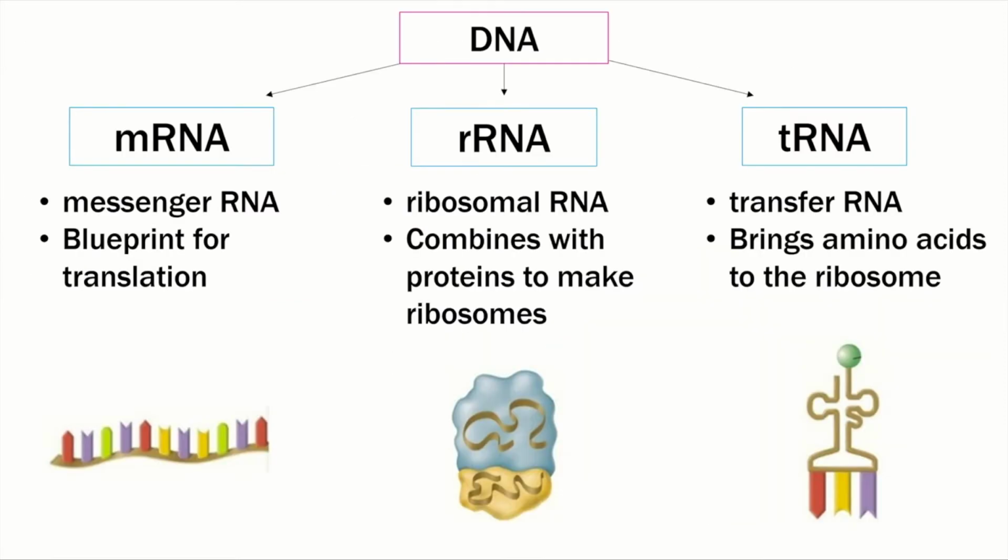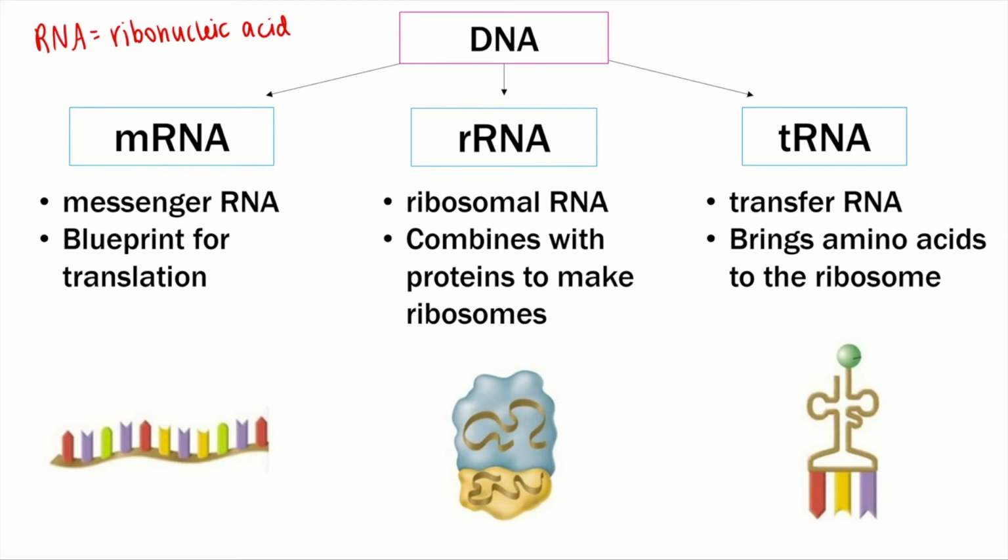Now, DNA is being converted into RNA in transcription, and we're actually going to have a few different types of RNA that can be made. So remember, RNA stands for ribonucleic acid. And this is a single-stranded molecule.